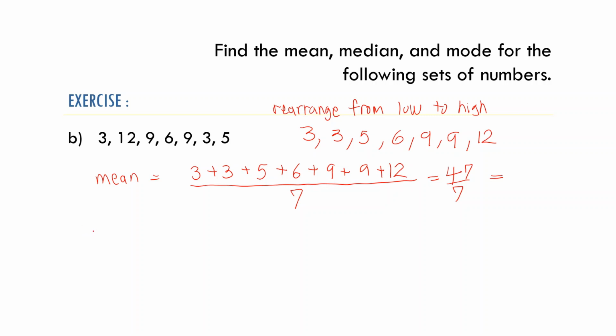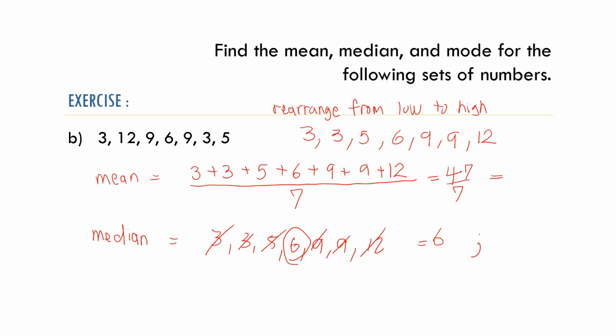The second one is the median. The median, so if you do the easy way by using crossing, cross a couple, and then you get 6 as the median. Or you can do another way, like I said, we have how many data sets? 7 data sets.